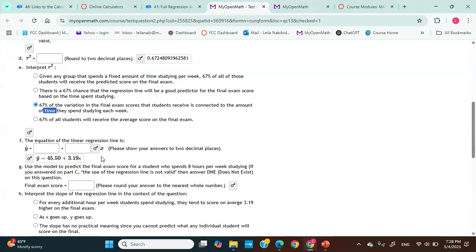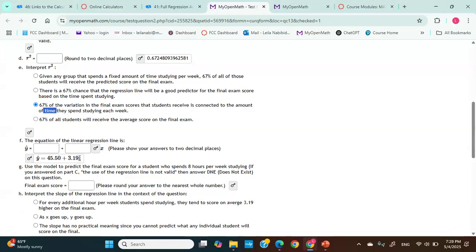Okay. Now, the next part says use this model to predict the final exam score for a student who spent 8 hours per week studying. So you know that in the prediction model we have the equation here, x is the amount of time that the student is spending, y hat, which is the predicted y value, is the predicted final exam score.